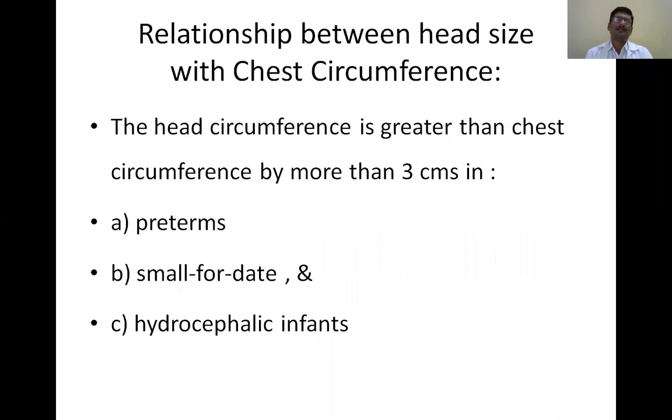Suppose when you are measuring, the head circumference is greater than the chest circumference by more than 3 centimeters. What does it indicate? The baby may be a preterm baby, since in preterm babies thoracic development is less compared to the head. Or it may be a small-for-date baby, meaning that for the given gestational age the growth is less.